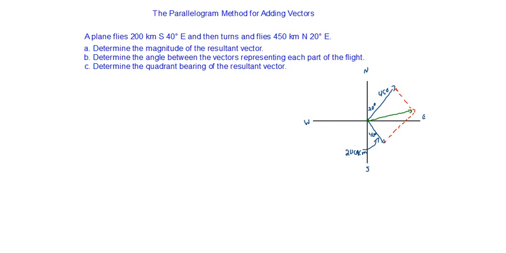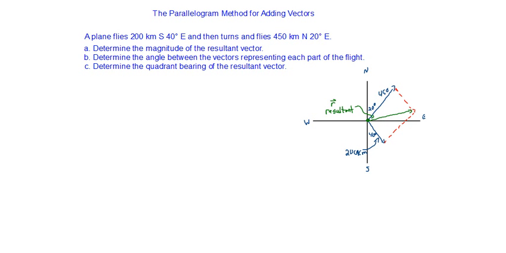You can see we have a parallelogram, and the vector that we're interested in, this resultant vector, goes from the center of the compass coordinates, or where we started our vectors, all the way to the opposite corner. So this is our resultant vector. Typically we use the letter R for resultant. So we'll call that R, and I'll just remind you that's the resultant. That's what we want to find.